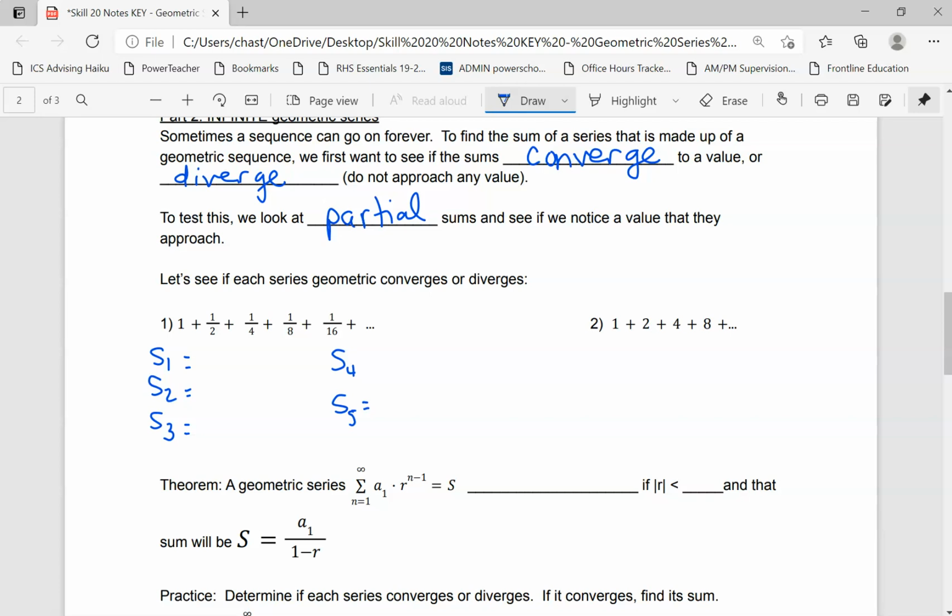The sum of our first term is just 1. S2 means the sum of the first two terms, so 1 plus a half is going to be 1.5 or 3 halves. Then the sum of the first three terms. By the way, I'm using a calculator that does fractions.